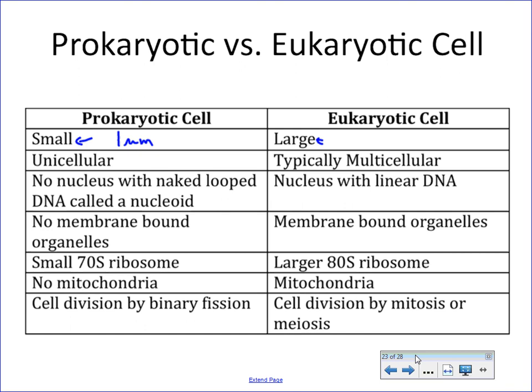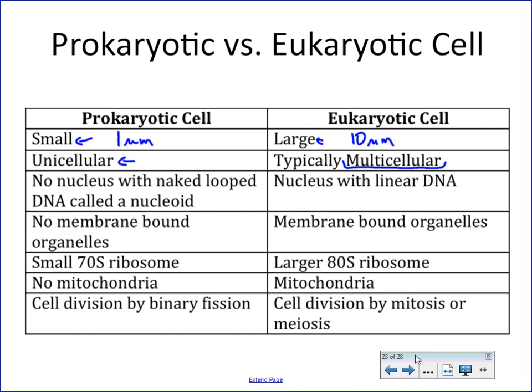Eukaryotic cells can be as small as 10 micrometers, but can be as large as 30 micrometers. Prokaryotic cells are typically going to be unicellular. Eukaryotic cells can be unicellular, but many eukaryotic cells are found in multicellular organisms. Well, all multicellular organisms will be eukaryotic.